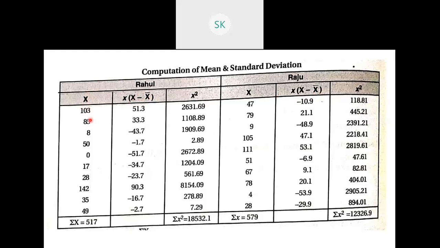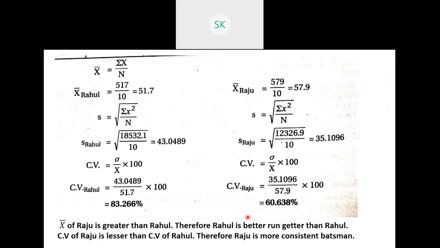We add up all the X and divide by N, so sigma X by N is the formula. The total of X for Rahul is 517 and for Raju is 579. So the arithmetic mean for Rahul is 51.7 and for Raju is 57.9.